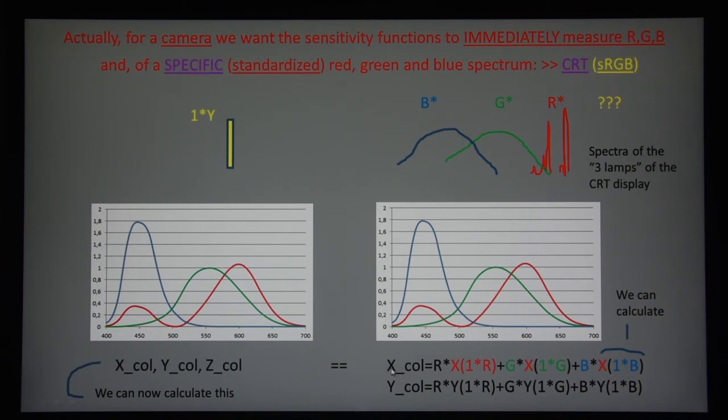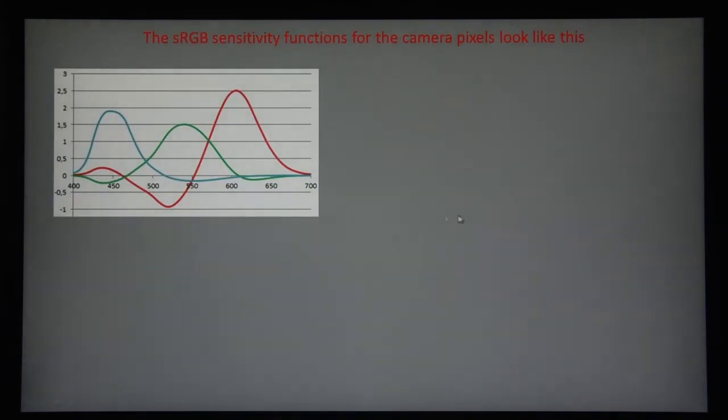And if I convert these values for all the spectral colors, so the red, green and blue I need, if I calculate this for all the, let's say, 50 spectral colors, I get again functions. And they look like this. And that's what the camera should output.